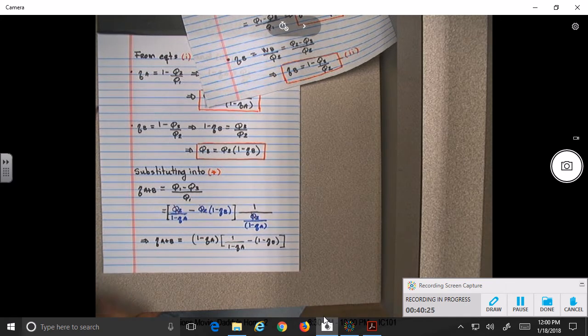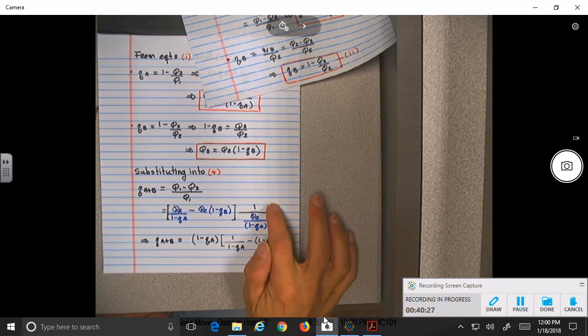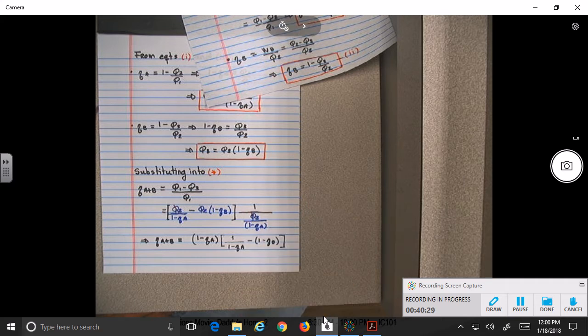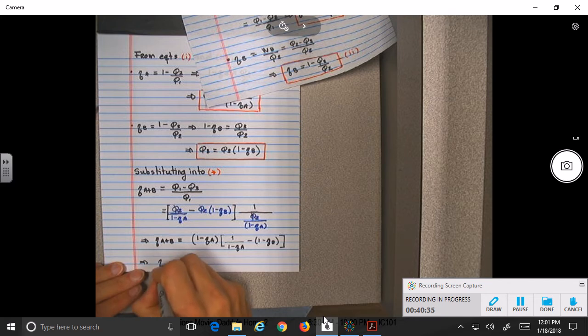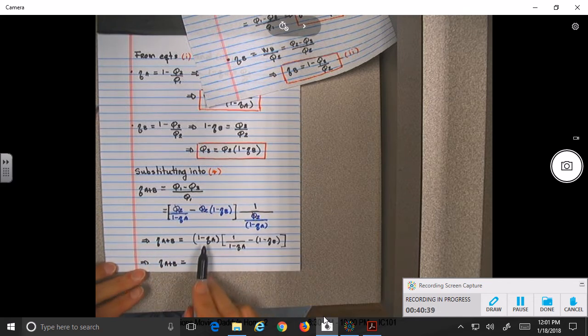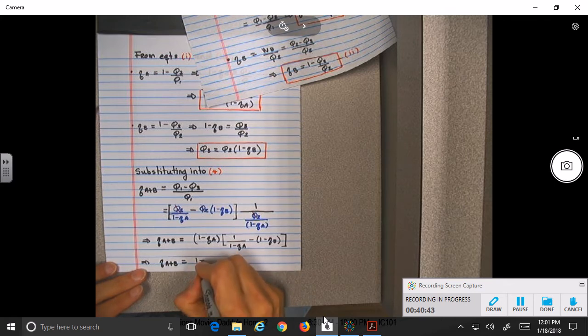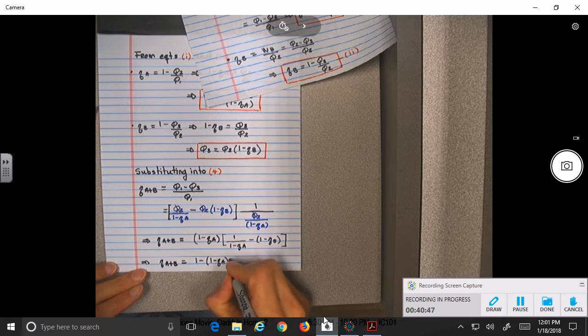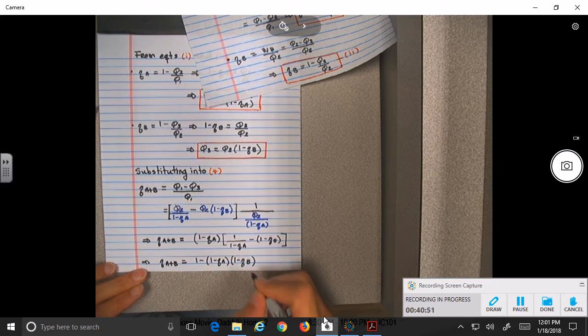Did you see what I did? I just moved this one to the top, no? Okay, that's all I did. So now, this will give you what? If I multiply this one by this one, what do you get? 1 minus 1 minus eta sub A times 1 minus eta sub B.